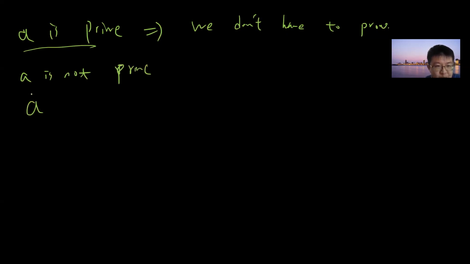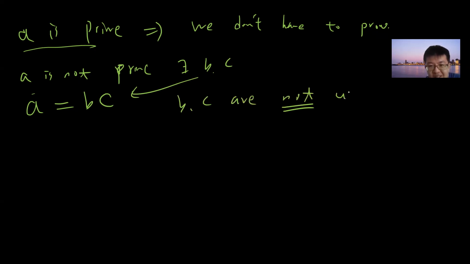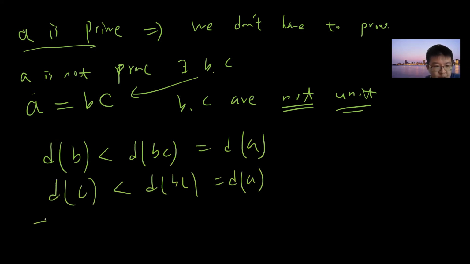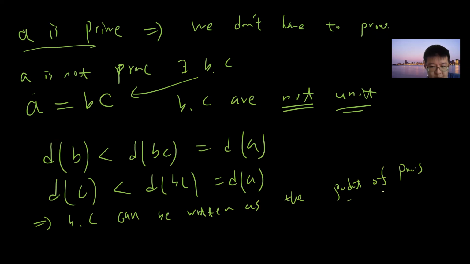Now, if A is not prime, then there are B and C such that A can be written as B times C, and B and C are not units by definition. But we know that if they are non-units, then D of B is less than D of BC, which is D of A, and D of C is also less than D of A. So B and C can be written as products of primes, by assumption.